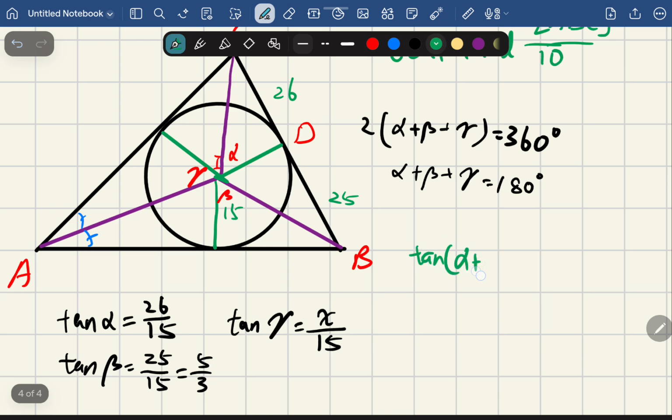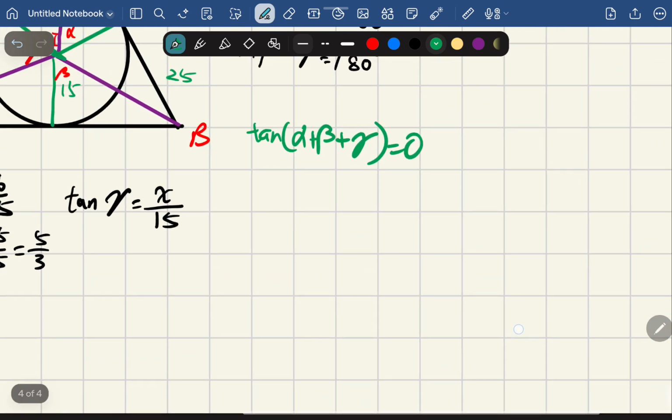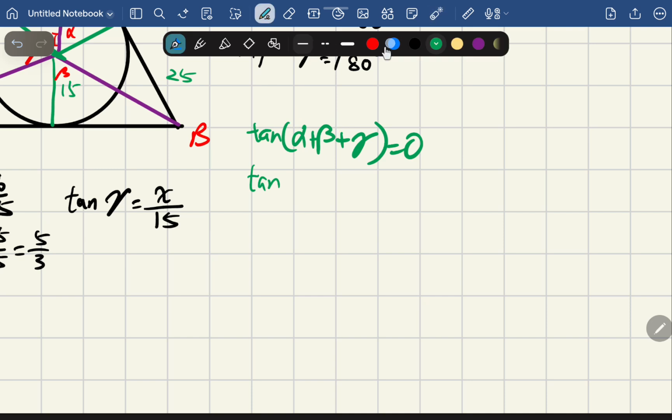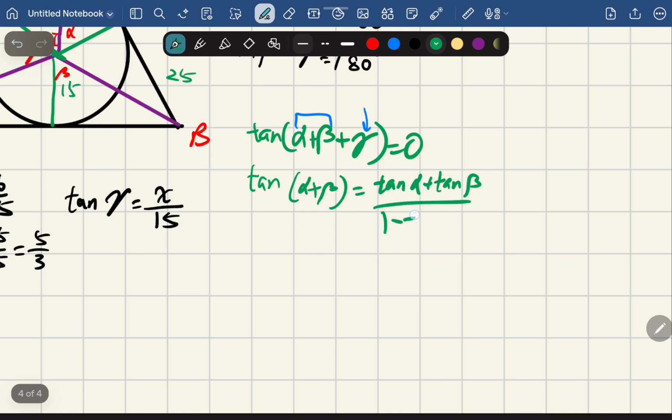So we have tangents, so that leads us to tangent of this is 0, because tangent of 180 is 0. So what does this give? Well, we can split this into this and this. So tangent of alpha plus beta is tan alpha plus tan beta over 1 minus that.